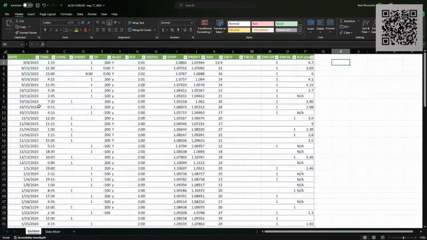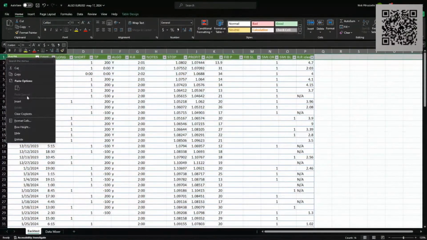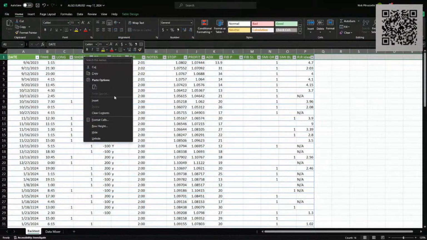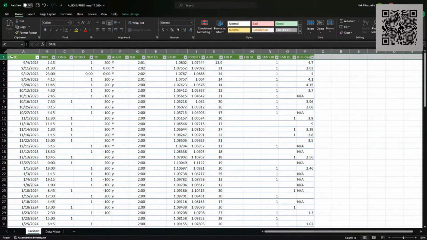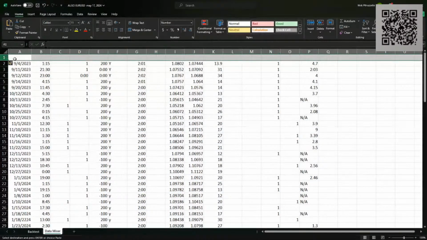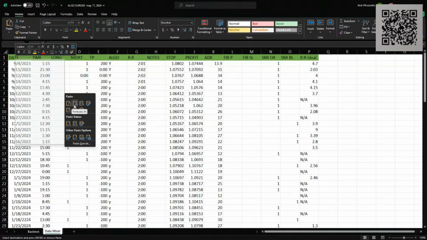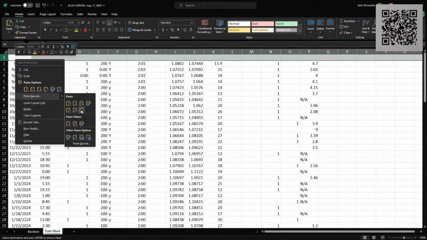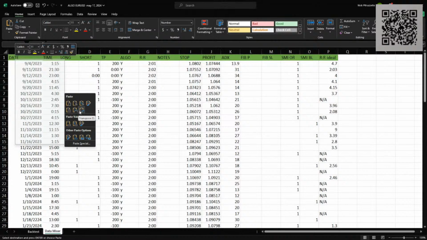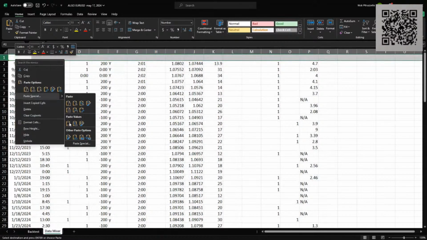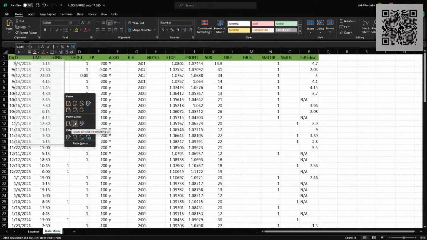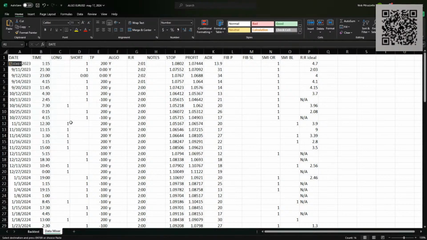Go back here, copy this row. Didn't know you're going to get an Excel tutorial today. And I'm going to paste special. I want the data only. See if this works. Paste special, and paste formula. Formulas, nope. Let's see here. Transpose, no borders, no. Paste. I just want the values. Okay. See it. Now it's only the values.